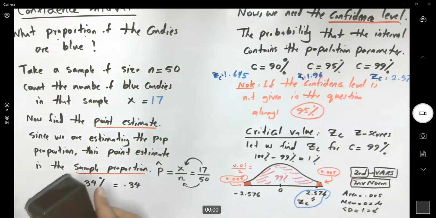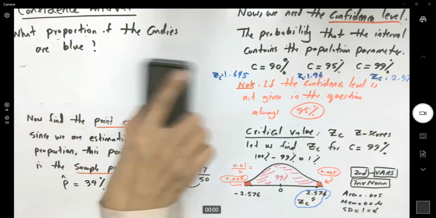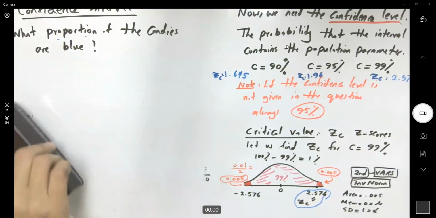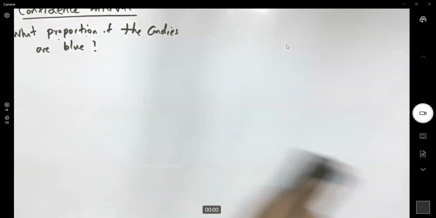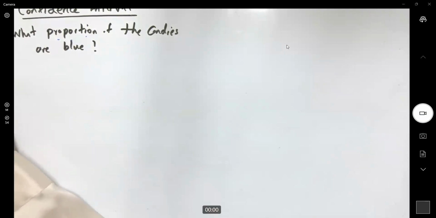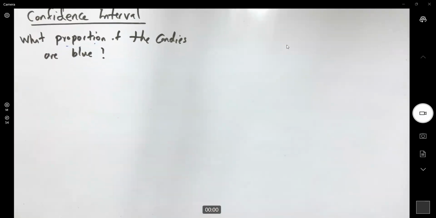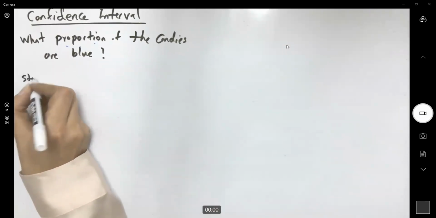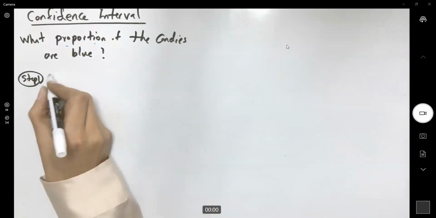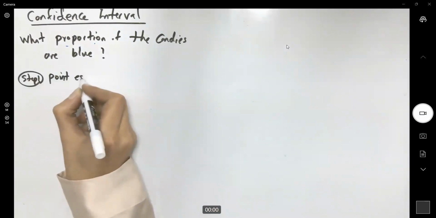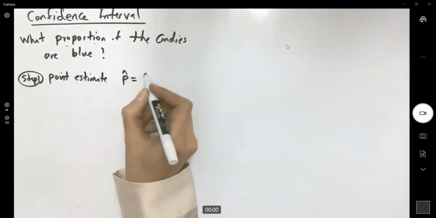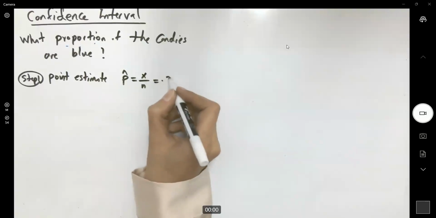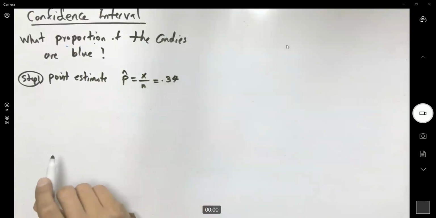The next thing that you need to find is called the margin of error. So let me list these here next to each other. In step one, we find the point estimate, which in our example, x divided by n, was 34%.